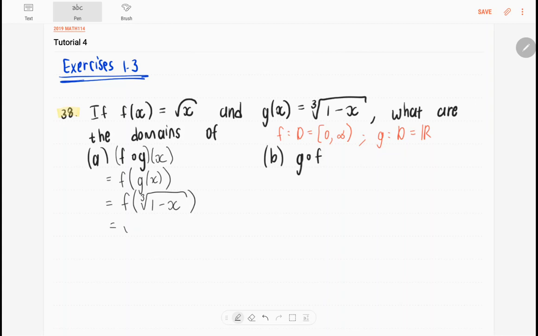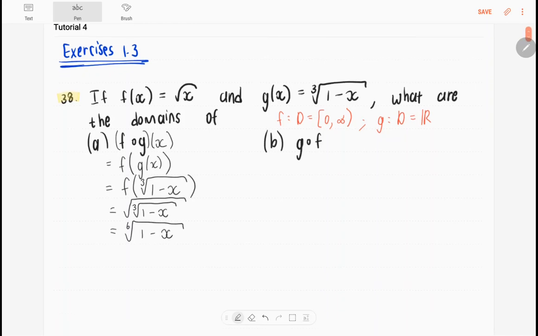So now we have the square root of the cube root of 1 minus x. And this we can also just write as the sixth root of 1 minus x.